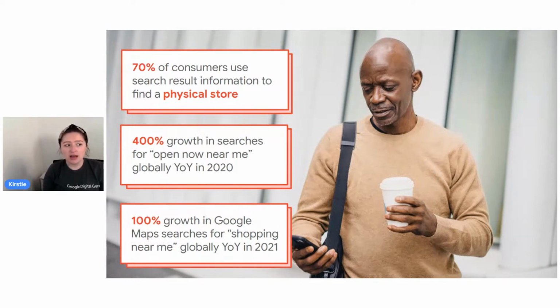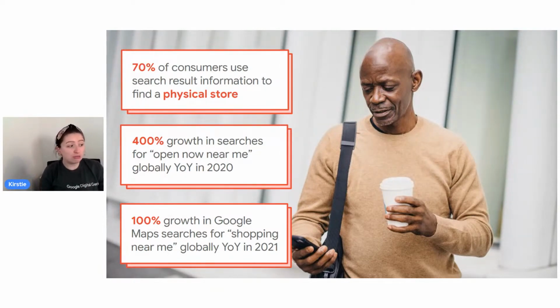Or do you have a look at things like a specific product? So maybe you're looking for trainers, trainer shop near a certain postcode or location or town that you're based in. So start to think of yourself as a consumer. Do you sit within this 70%, which is a huge figure, of consumers that are using those search results to find a physical store or shop?